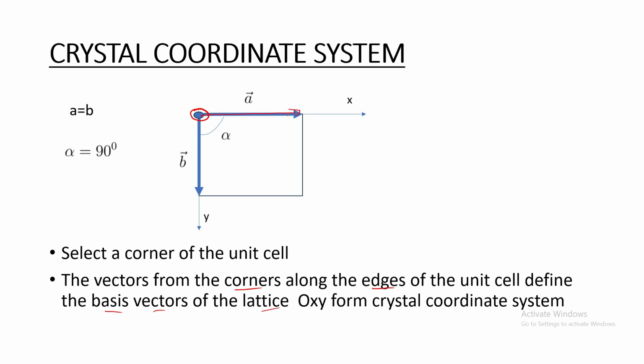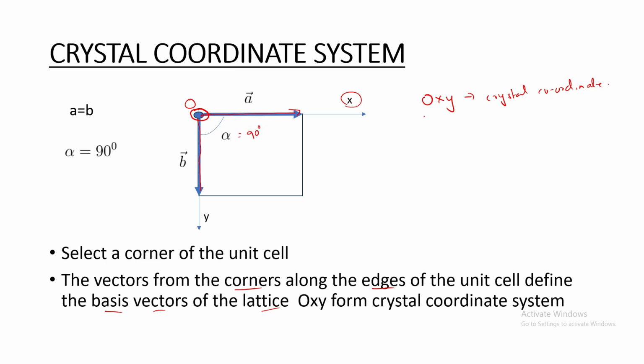This edge of the unit cell lies in the x direction and this edge lies in the y direction. So just draw these vectors, and here x and y form the crystal coordinate system. So here alpha is equal to 90 degrees.